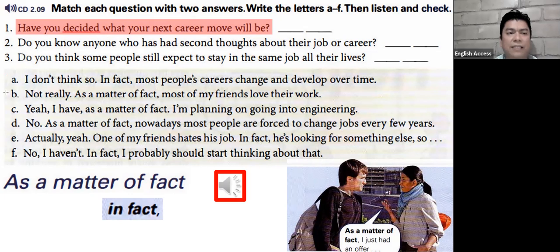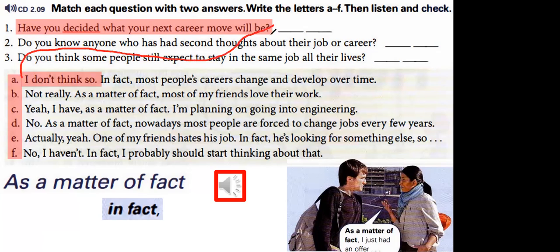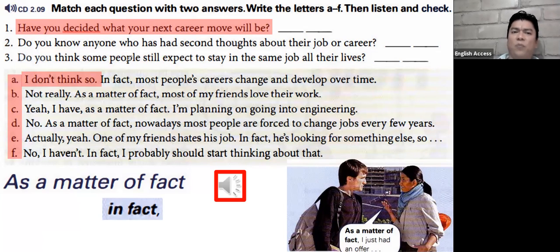So we have six possible answers, A, B, C, D, E, or F. Let's check. Do you think it's the first one, A? Is that a good answer for this question? No, it doesn't sound right. Why?